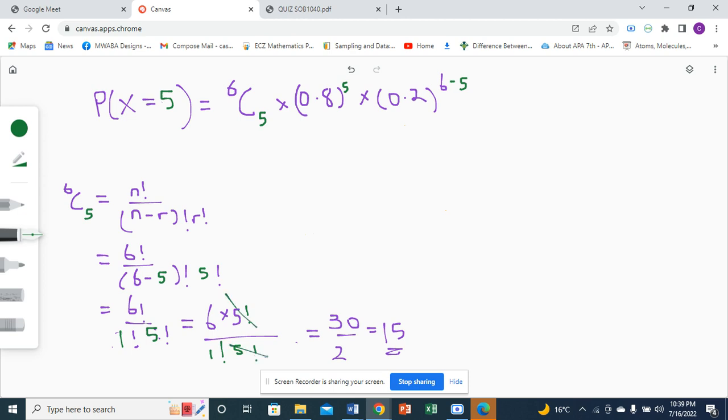So these 5 factorials cancel each other out. So 6 divided by 1 factorial, that's the same as 6 divided by 1. And our answer is 6.